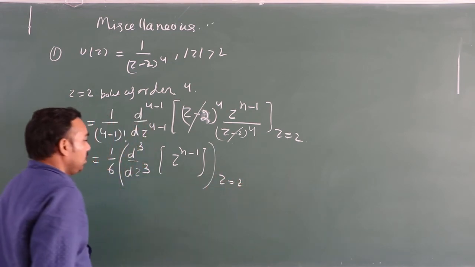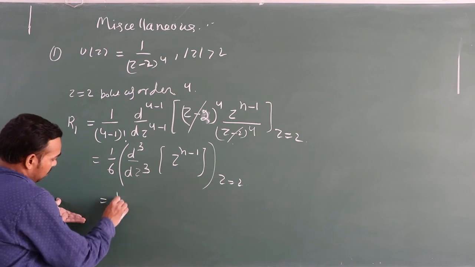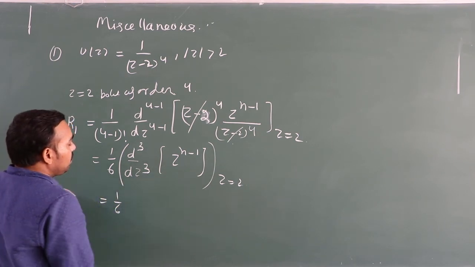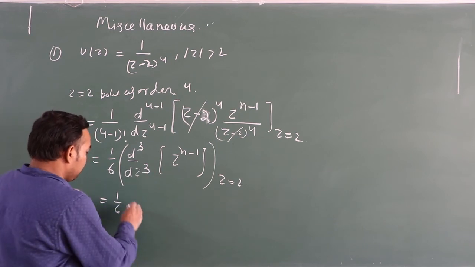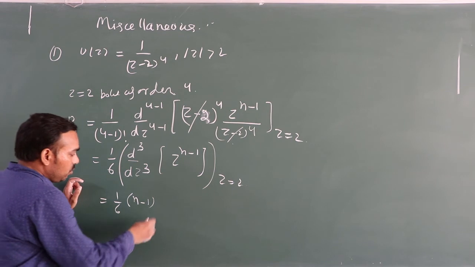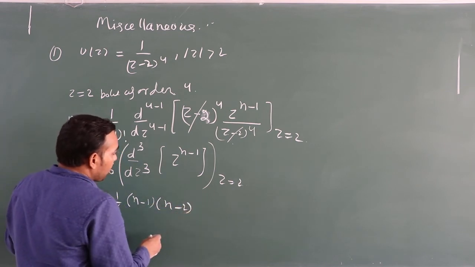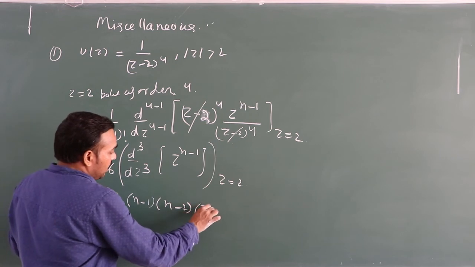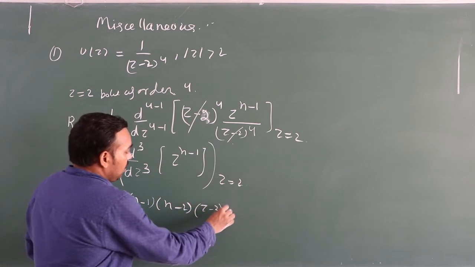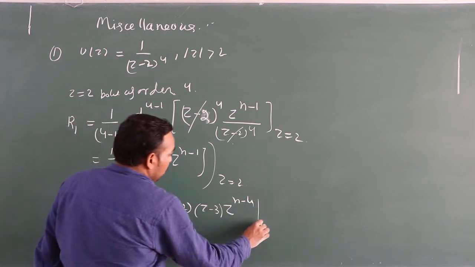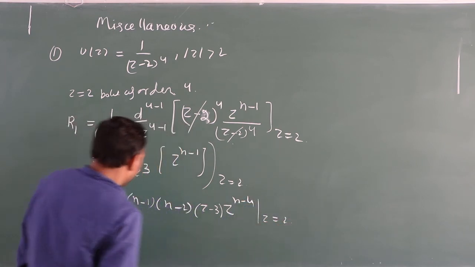We differentiate 3 times. First time we get (n minus 1) z to the power n minus 2, second time (n minus 1)(n minus 2) z to the power n minus 3, then z to the power n minus 4. Put z equal to 2.